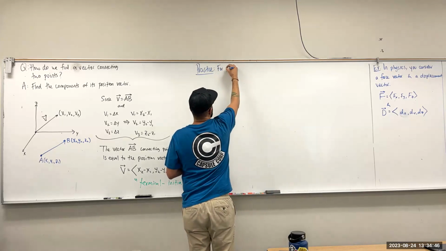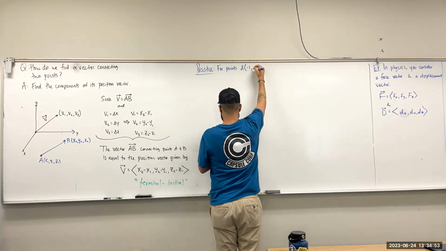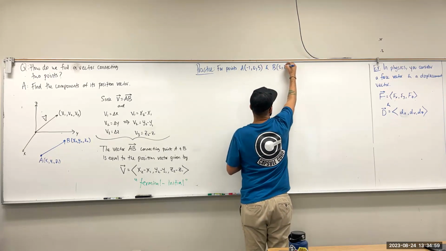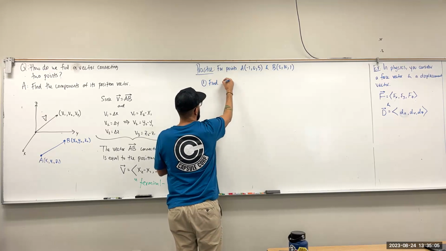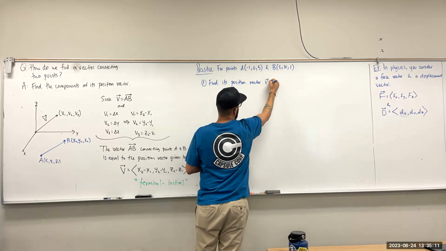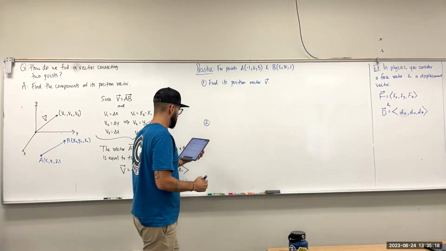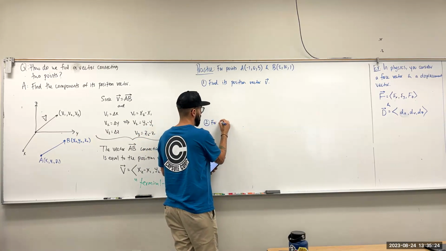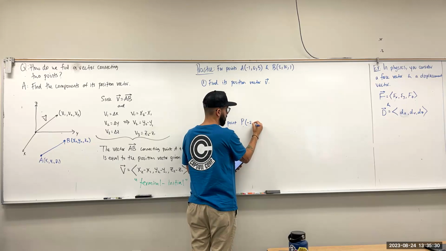For point A that has coordinates -1, 0, 5, and B, which has coordinates 2, 10, and 1, first find its position vector, V. Then for the point P, I'm going to give you a different point here, which has coordinates -2, 1, and 5.